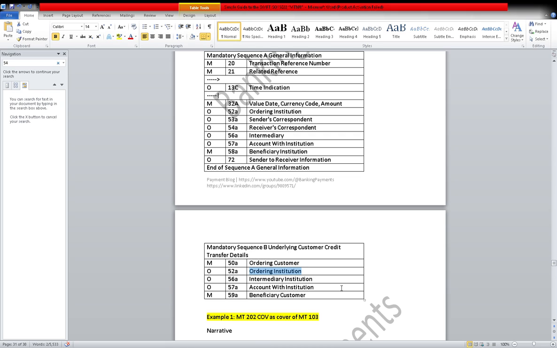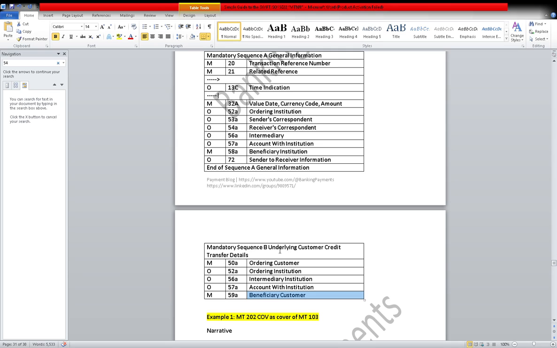Sequence B normally, as I studied per SWIFT guidelines, has more than one value. There may be 50A, meaning who is sending the payment, maybe one or two. 52A one or two or three, 56A correspondent one or two, and beneficiary customer maybe one or two. So these are multiple values for a single customer; that's why this is the sequencing part.